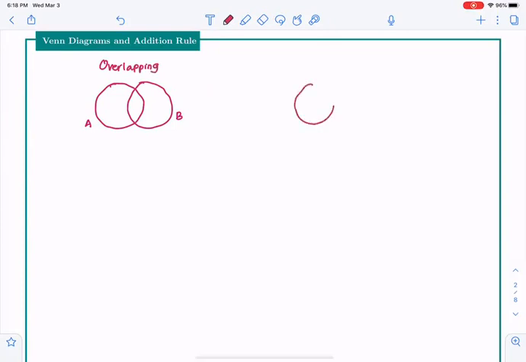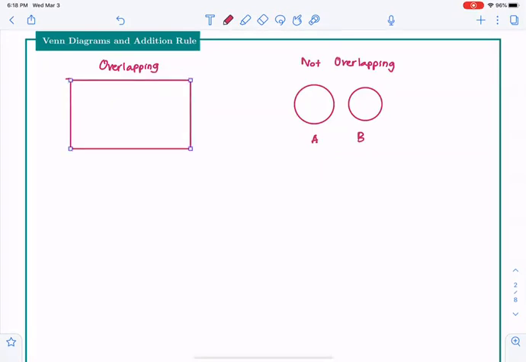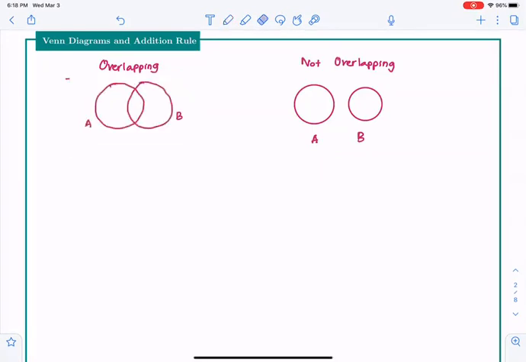Another case would be the case that I just drew earlier, where I have two events A and B that are not overlapping. That would result in the entire sample space, which you can put a square around usually, but we don't have to do that.